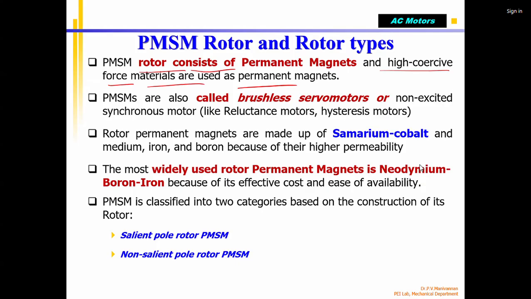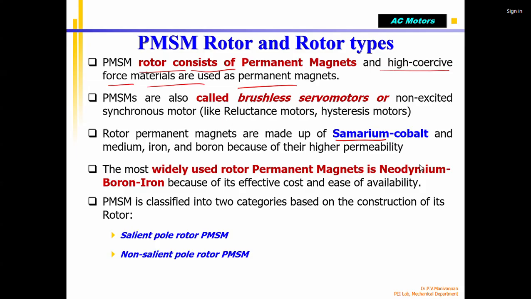Recently the American president asked for signing a deal with the Ukraine president because of rare earth, which includes neodymium, there are some 7 to 8 types of materials. Samarium is there, and neodymium. These are called rare earth materials. Compared to iron, nickel, cobalt, for a given size, they can create 3 to 4 times more magnetic flux. That is the advantage of rare earth magnets.